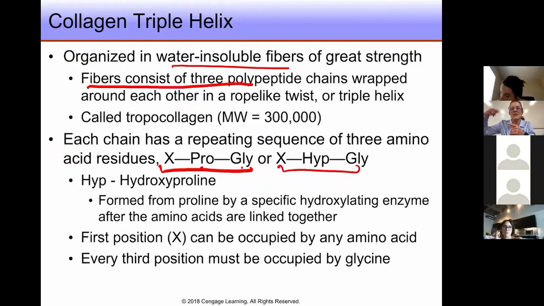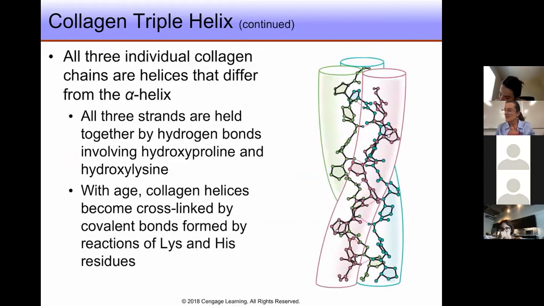So there's a three amino acid sequence that repeats a lot. Every third position is glycine. And this is a cartoon of what the structure looks like. There are three different polypeptide chains and they twist around each other.